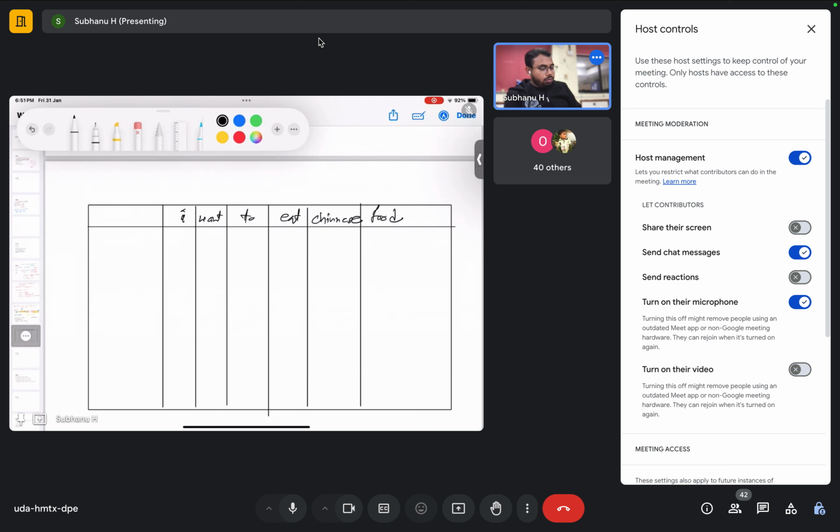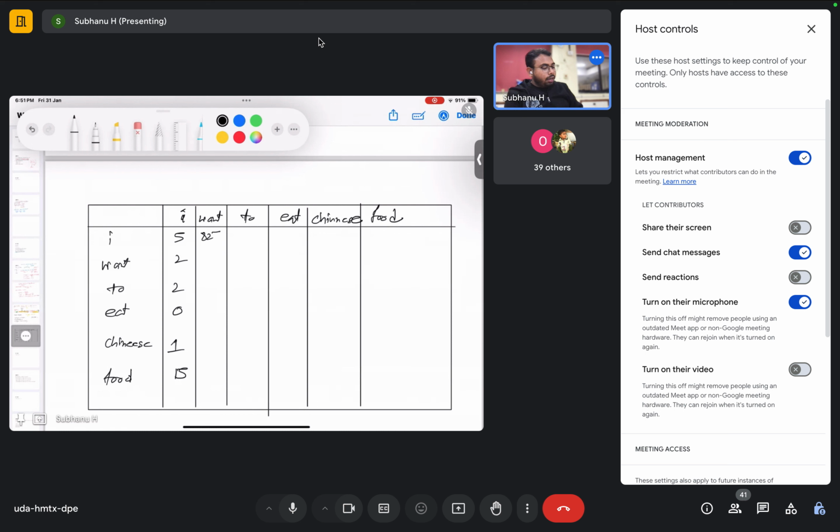Here also you have I want to eat Chinese food. So I am giving you just a simple example of a raw bigram model.